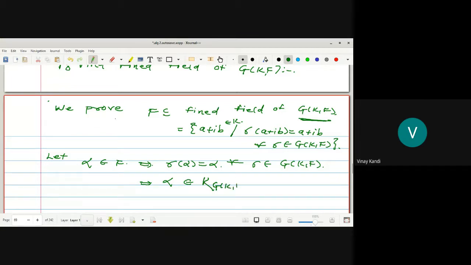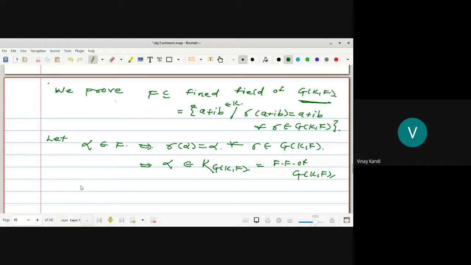That is, alpha goes from F into K, and that is why F is always contained in the fixed field of GKF. Is it correct? We proved the statement.